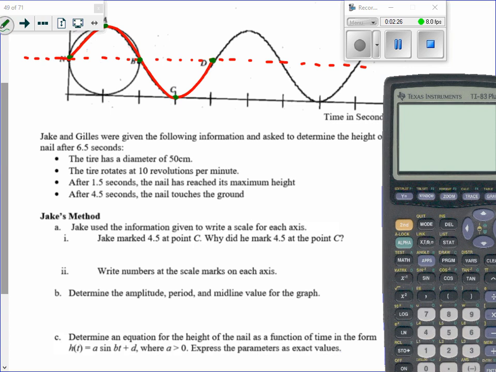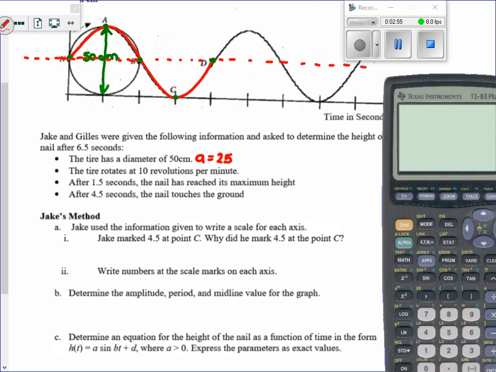So what that means is from this maximum point right to the minimum point, this whole thing is 50 centimeters. Well, if that's 50 centimeters, then what would be my amplitude? This is my midline running right through the middle, right? So obviously my amplitude is going to be half of that. So we know right away our amplitude is 25 centimeters.